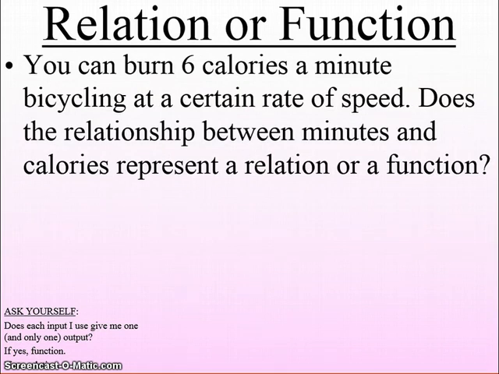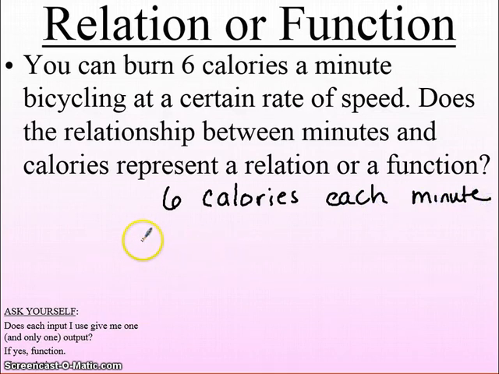Okay, let's look at another example. You can burn 6 calories a minute bicycling at a certain rate of speed. Does this relationship between minutes and calories represent a relation or a function? So ask yourself, could I make predictions based on this situation? Well, it says I can do 6 calories each minute.